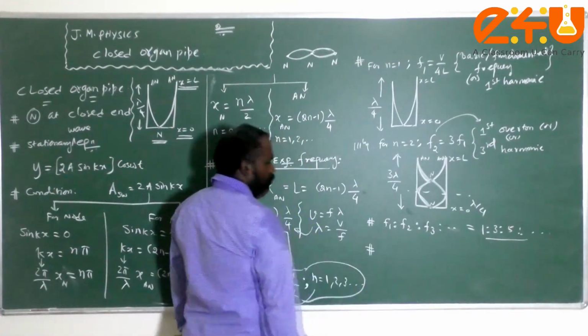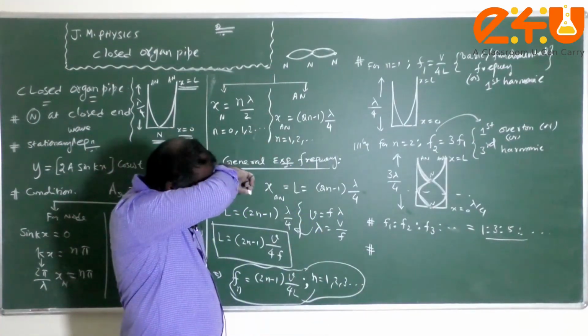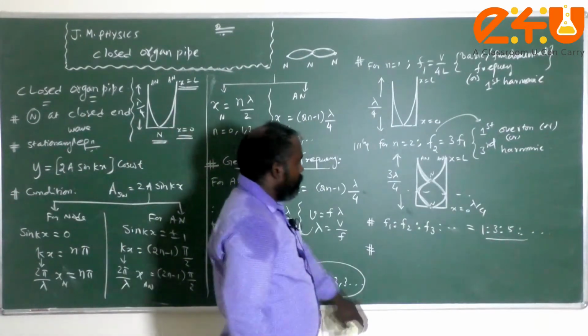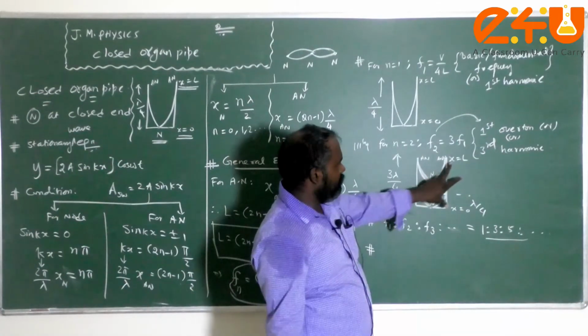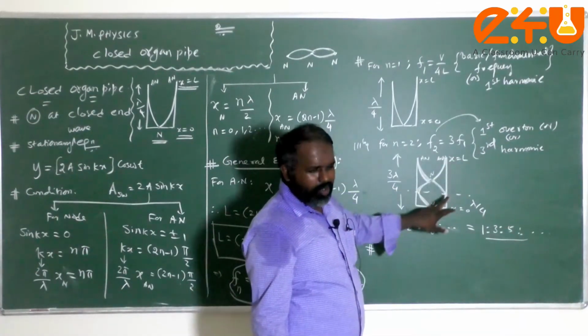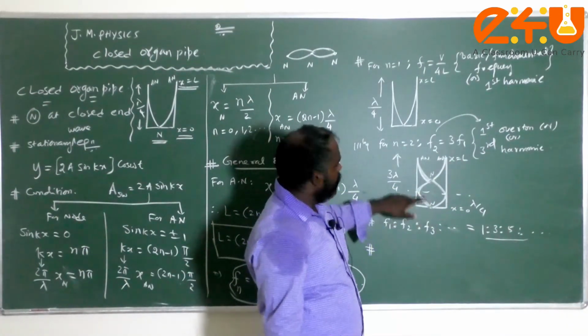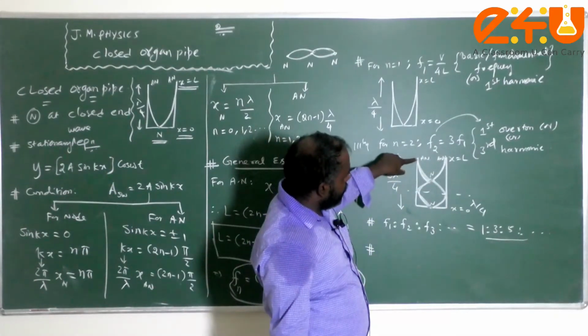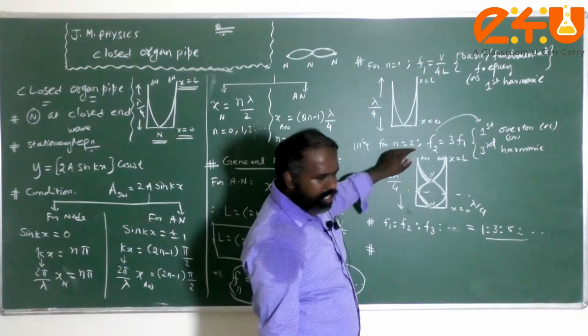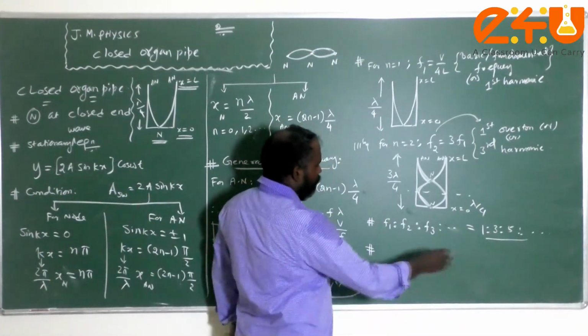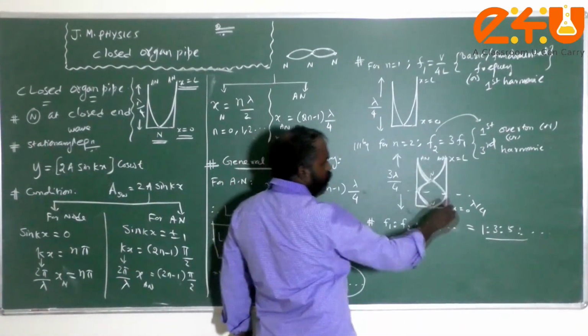Another point is this. For theoretical purposes we consider the length of the vibrating air column to be nearly equal to the length of the tube. But from an experimental point of view, the antinode is not formed exactly at the edge of the tube; it is formed slightly above the open end of the tube.